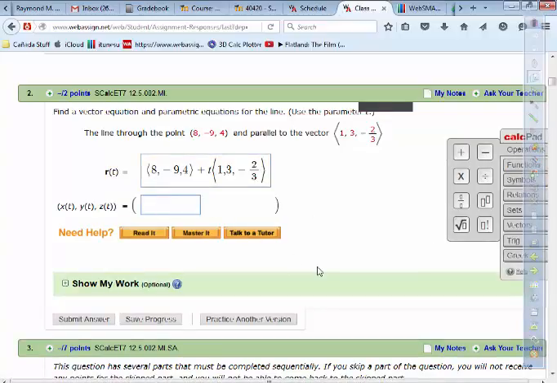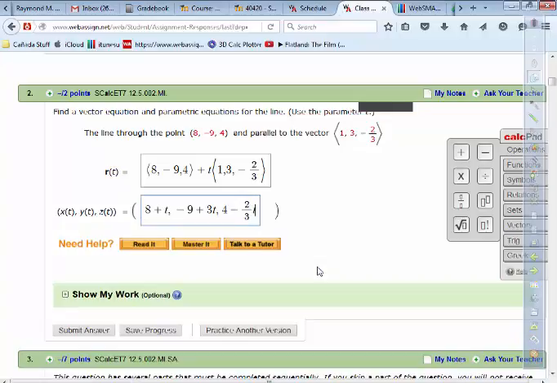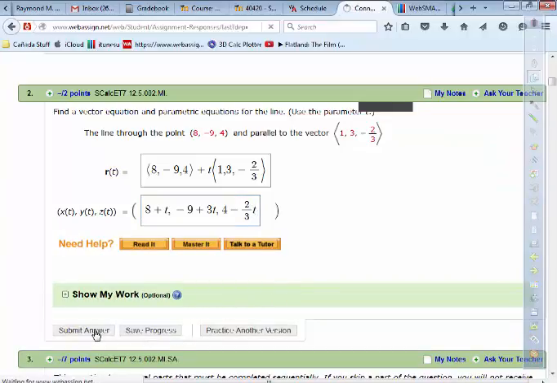And then for this, we put the components together: 8 plus 1t, comma, -9 plus 3t, comma, 4 minus 2/3 t. So hopefully it'll take that.